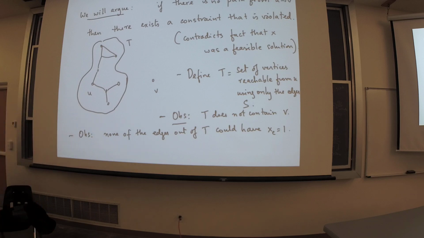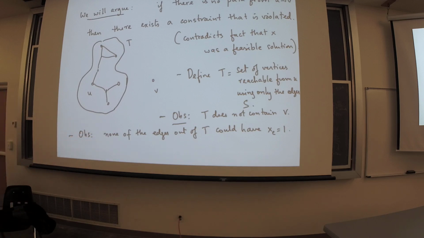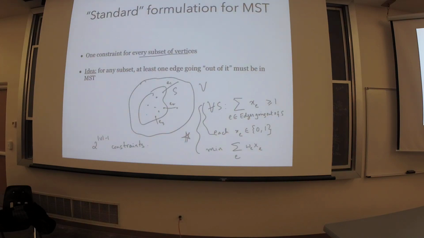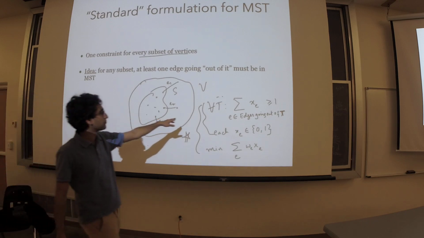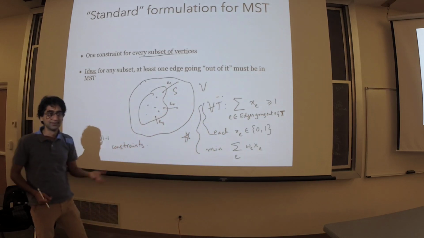And this gives a contradiction, because this implies that none of the edges out of T could have x equals 1. And remember, we had a constraint that said that for any set, let me replace this by T so that you don't get confused with the S that you see, for any set T, at least one of the edges going out of this set is included, right?